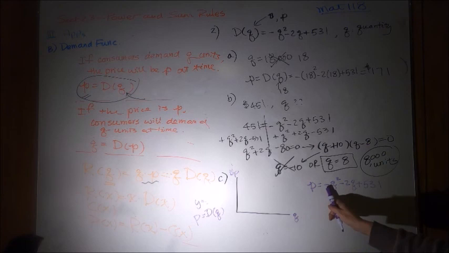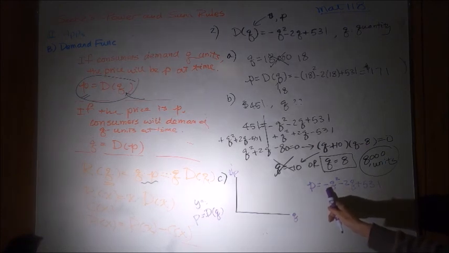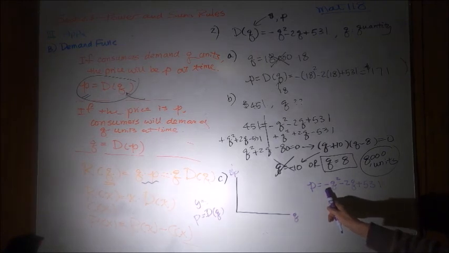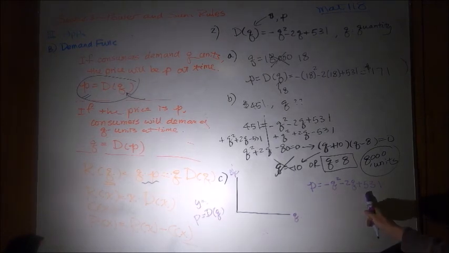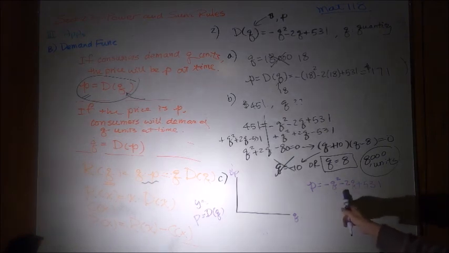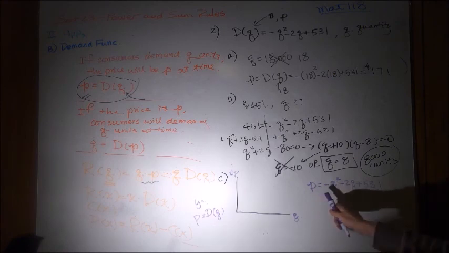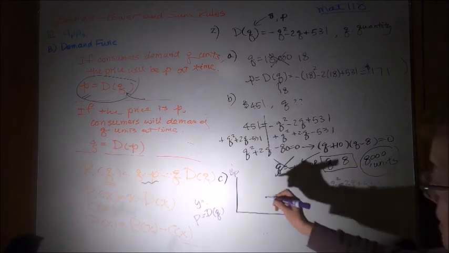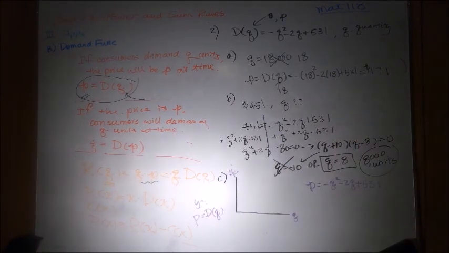So the leading coefficient is negative. It means what? Opens up or opens down? It opens down, right? So if the demand is 0, then P is 531. So that would be here.